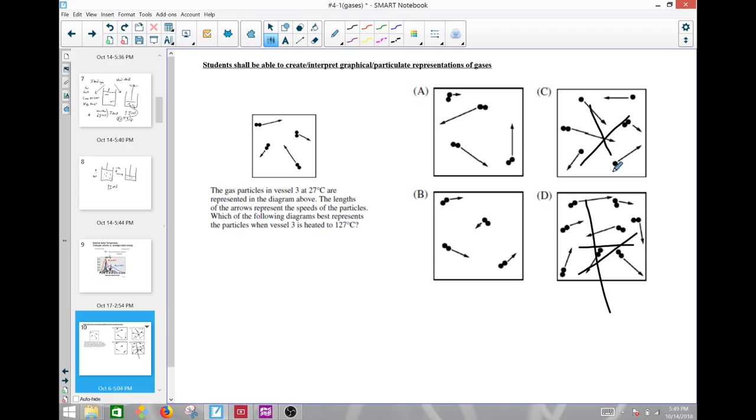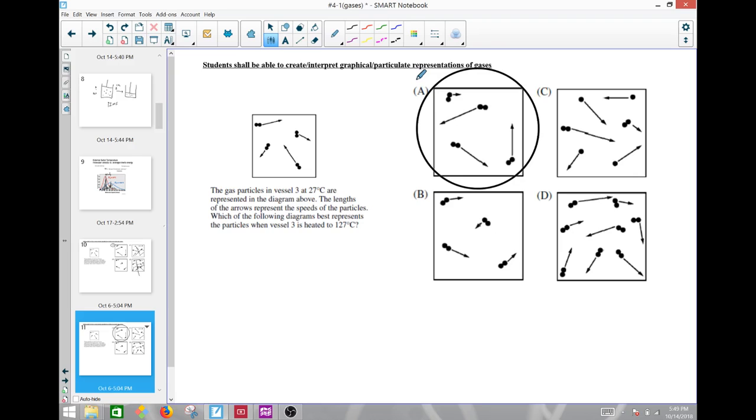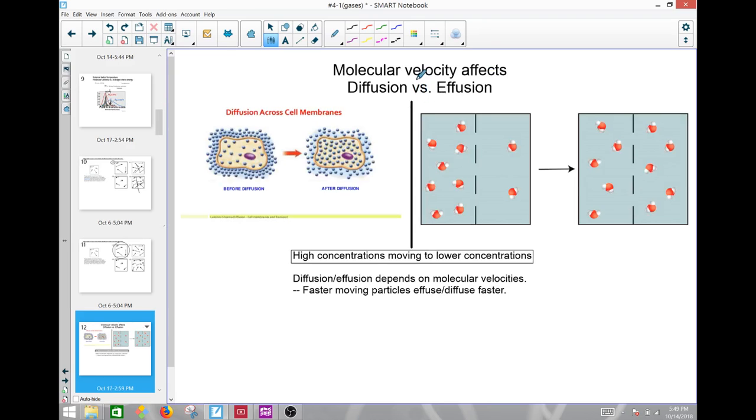There are 4 of them, and they're all circles there, but they broke apart. And here we have the top and bottom one, and the top one has longer lines on average, and therefore A is the correct answer. Longer lines means it's traveling faster.